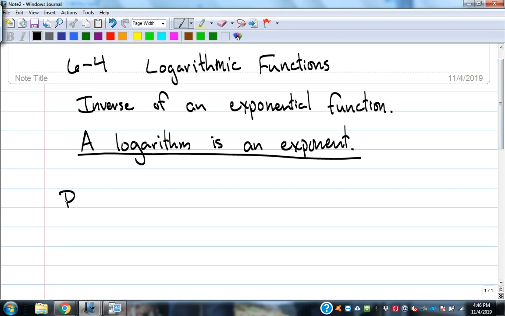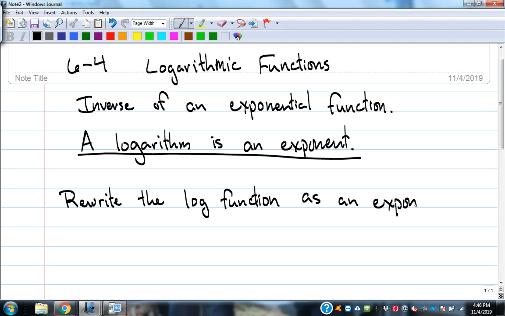So we're going to start with rewriting the log function as an exponential function. Okay, rewrite the log function as an exponential.